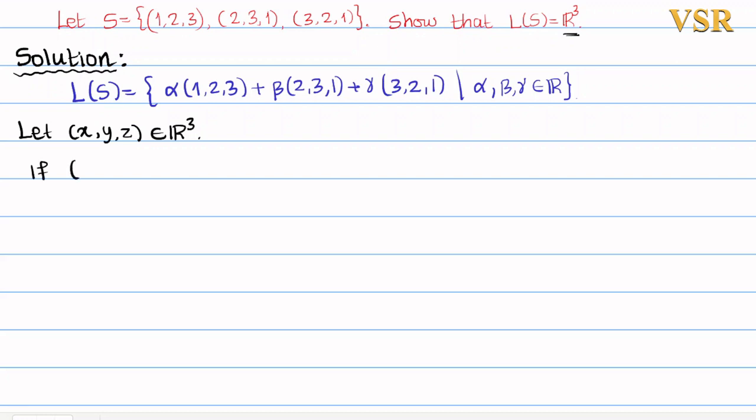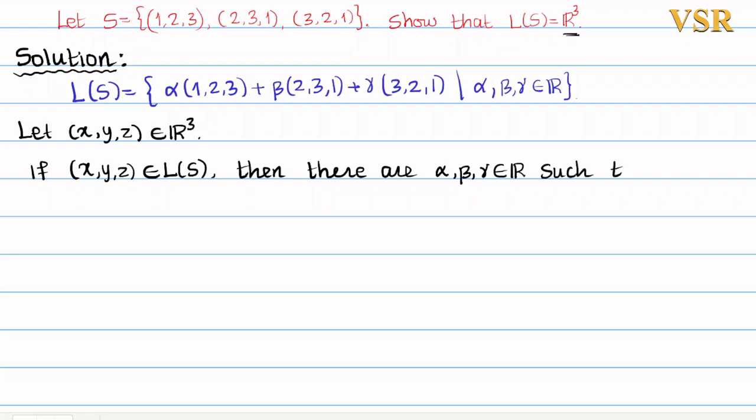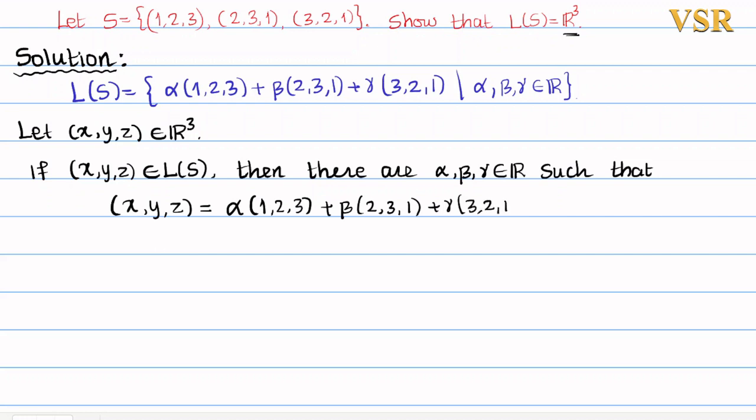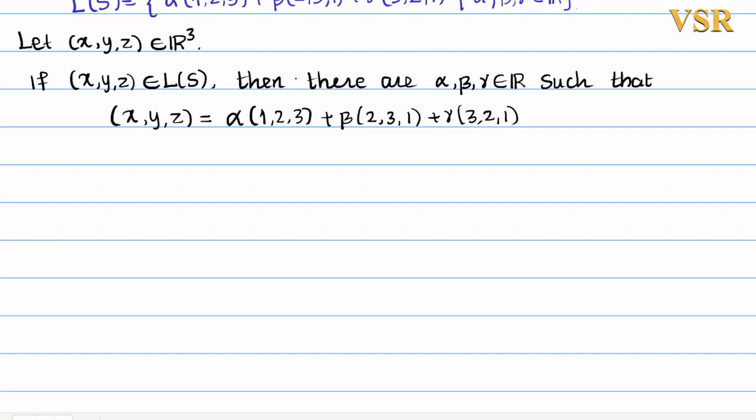If this (x, y, z) is in L of S, then we know that there are alpha, beta, gamma in R such that (x, y, z) is of the form alpha times (1, 2, 3) plus beta times (2, 3, 1) plus gamma times (3, 2, 1) for some alpha, beta, gamma in R. Actually, we need to find the alpha, beta, gamma which represent this (x, y, z).